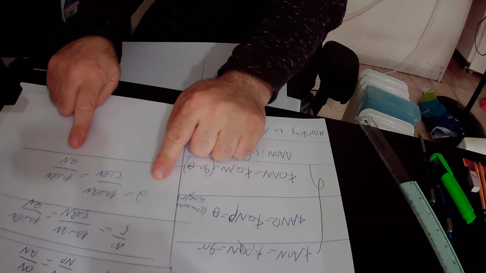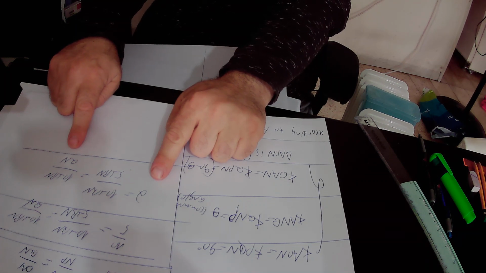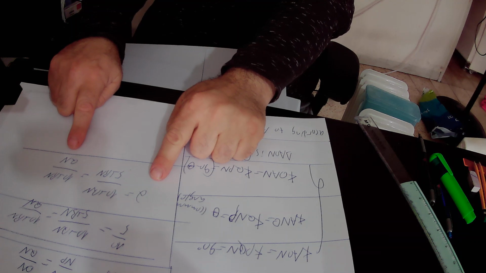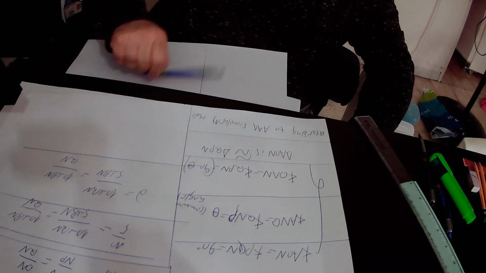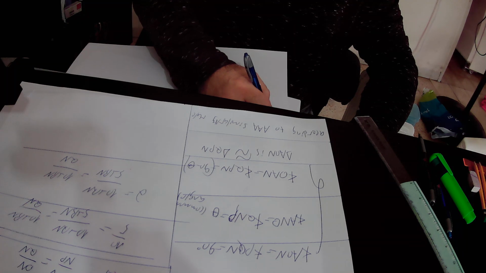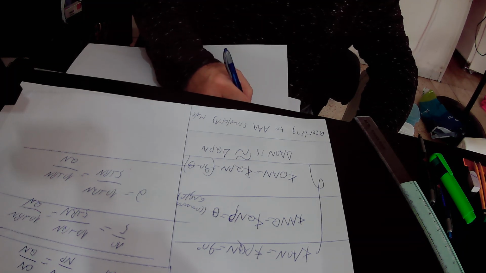Those two sides are also equal to each other, therefore we create equation number 2 from those two sides. So according to equation number 2, 2 equals 10 plus BN over QN.